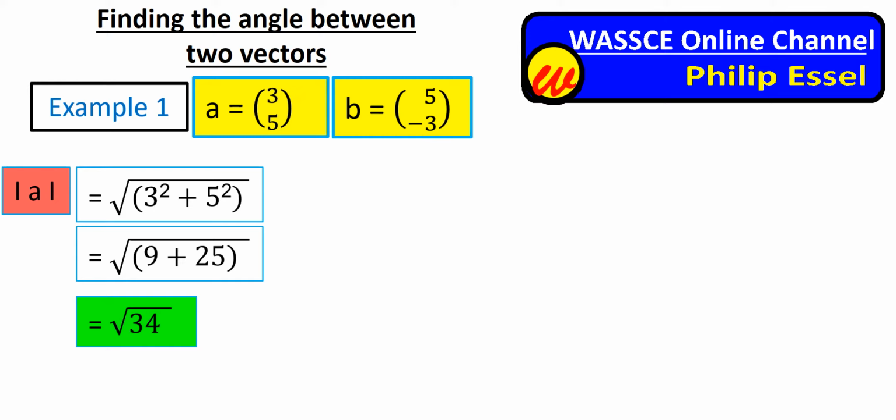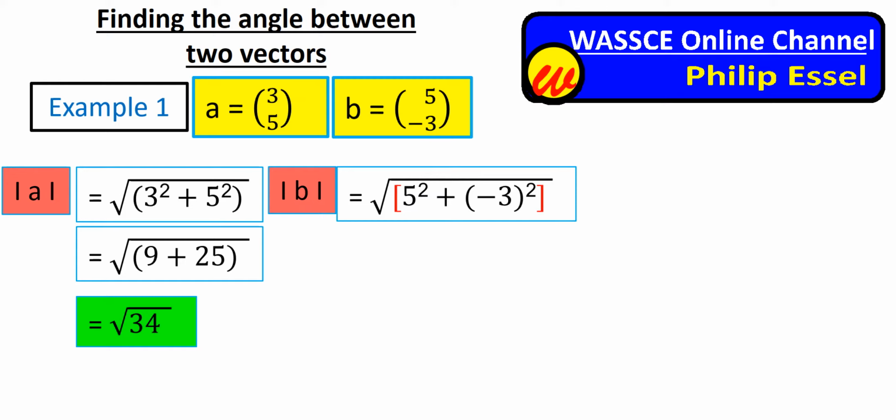Now let's look for the magnitude of the vector B. This will be equal to the square root of (5 squared plus (-3) squared). And please note that we squared the whole of the -3 by putting it into brackets.